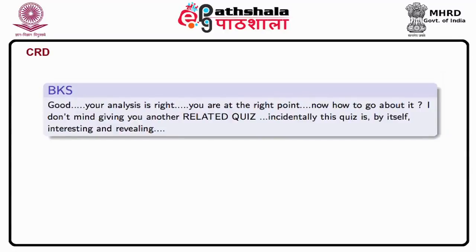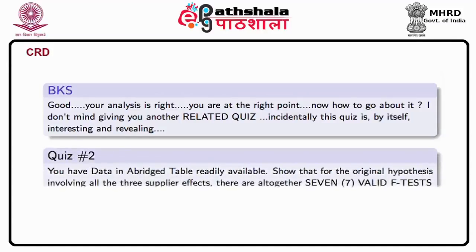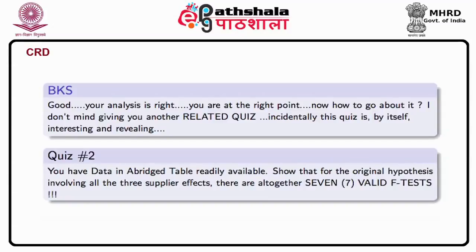Now, how to go about it? I don't mind giving you another related quiz. Incidentally, this quiz is by itself interesting and highly revealing. This is the quiz number 2. You have data in a tabulated form readily available for all the suppliers. You know the sum of squares and the sums.